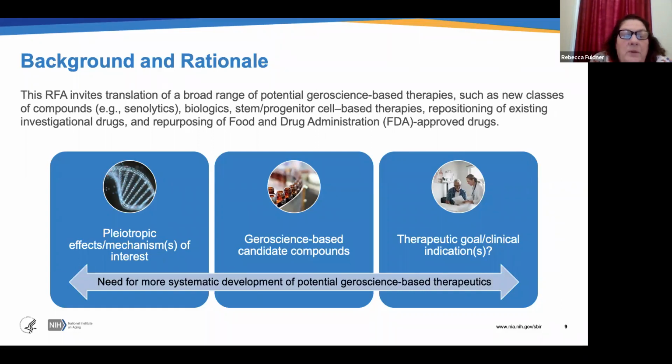We'll accept both of them, but depending on which critical steps of development you are focusing on, that will help you determine which mechanism is the best for your application. And Chhanda will be going into some examples of fast track versus direct to phase 2 applications in her portion of this presentation.